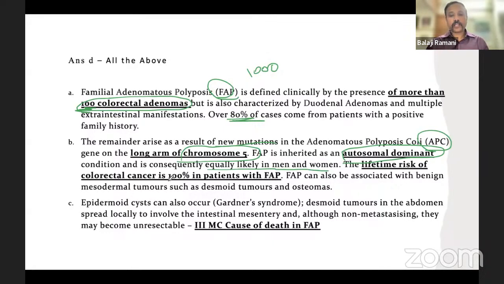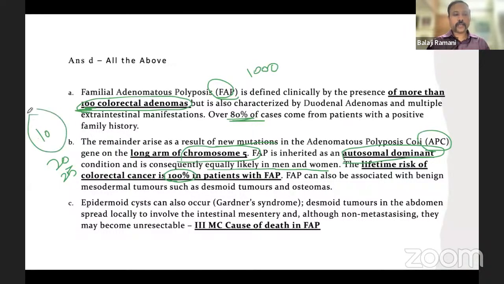The lifetime risk is 100%. Very important. Any patient who has an FAP gene mutation, an APC gene mutation, will definitely go on to develop colorectal cancer in their life. The common age group is somewhere around 20 to 25 years of age, when patients will go on to develop the malignancies. The screening will start at 10 years.